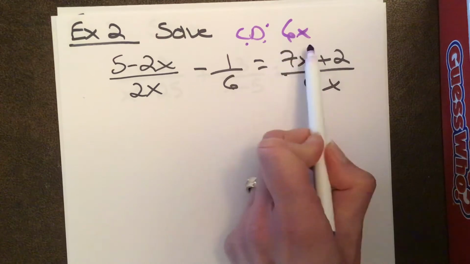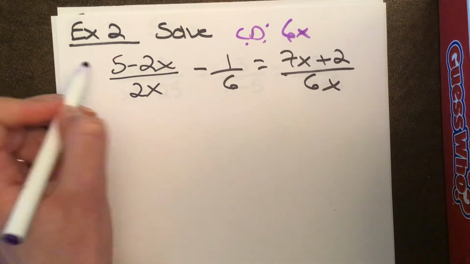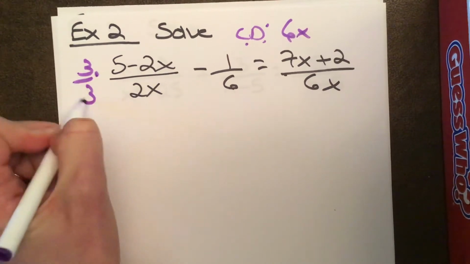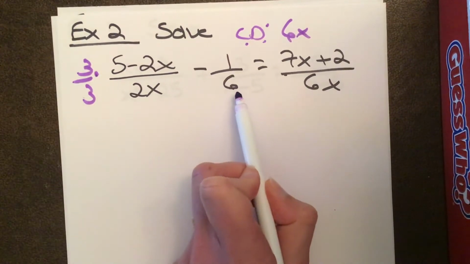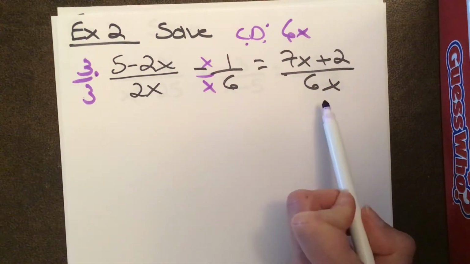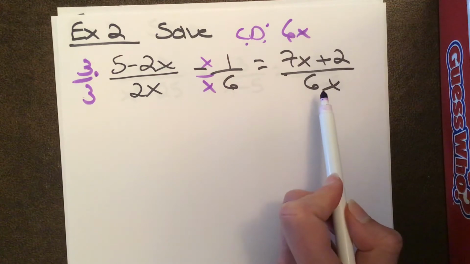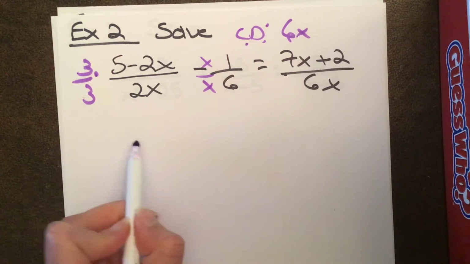I need to make all my denominators be 6x. This one's 2x right now, so I'm going to multiply it by 3 over 3. This one just has a 6, so I'm going to multiply it by x over x. And then this one I get to leave alone because he's already over 6x. So now I'm going to do the multiplication.